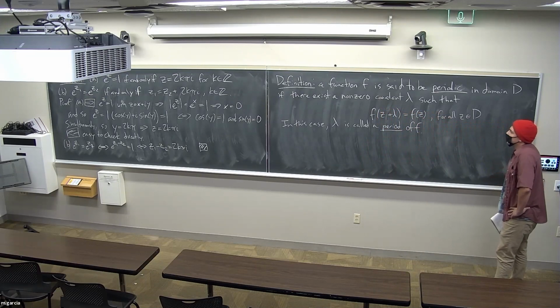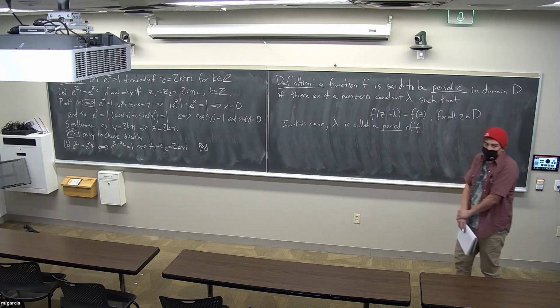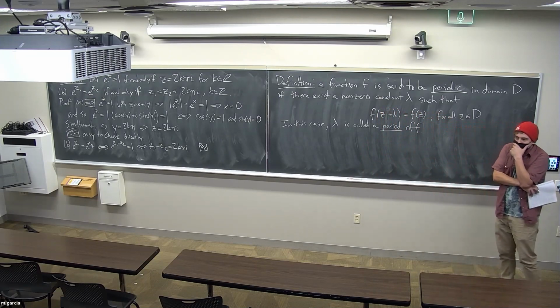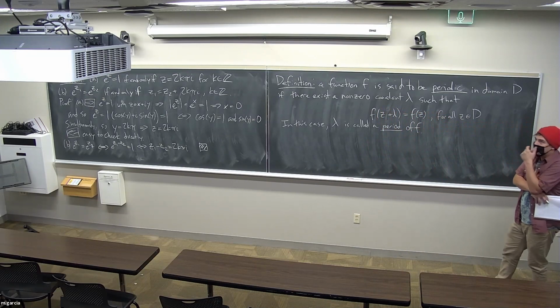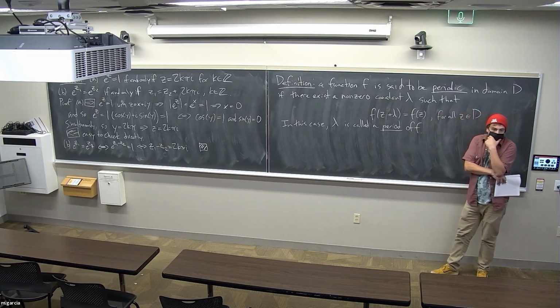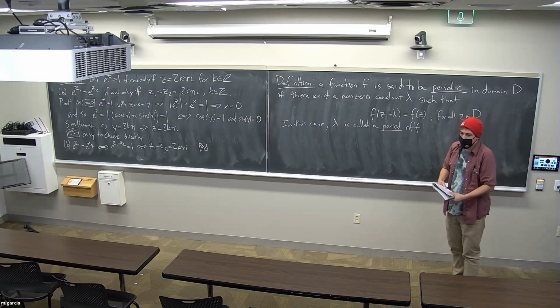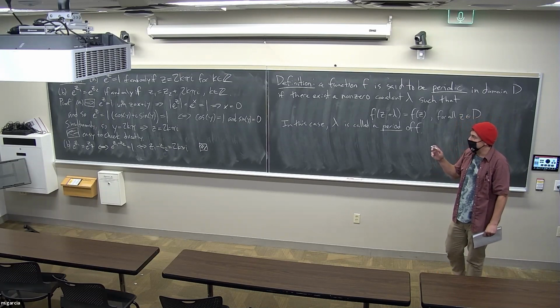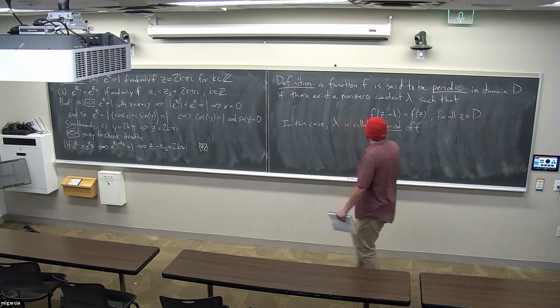Okay, so that is to say, my theorem tells me that e to the z is periodic with periods 2 pi I, 4 pi I, 6 pi I, all the even multiples of pi I. In particular, we'll be concerned with the fact that it's periodic with period 2 pi I. It does have other periods, of course.